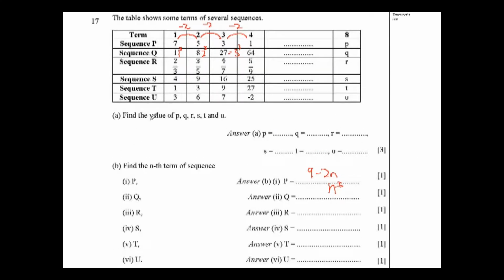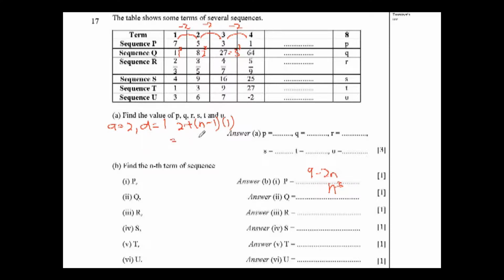For sequence R, the numerator is a linear sequence where the value of a is 2 and the common difference is 1. So the nth term for the numerator is 2 plus (n minus 1) times 1.